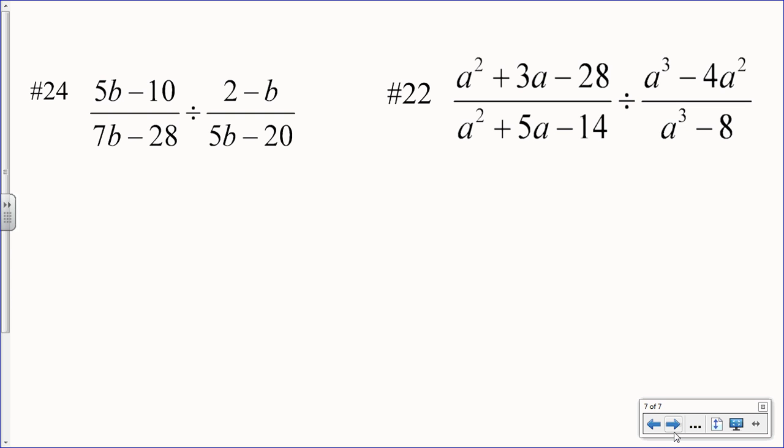Okay, before we change this to a multiplication problem, go ahead and factor it out. Don't do any canceling, but go ahead and factor.